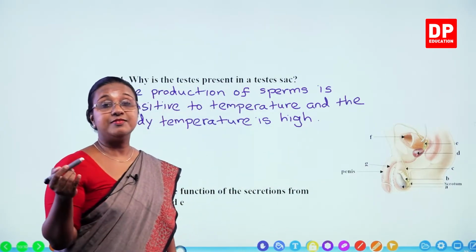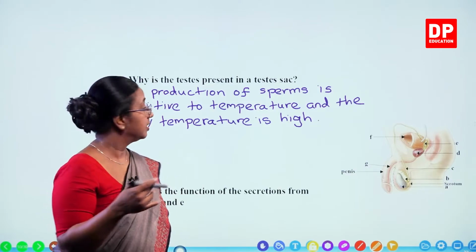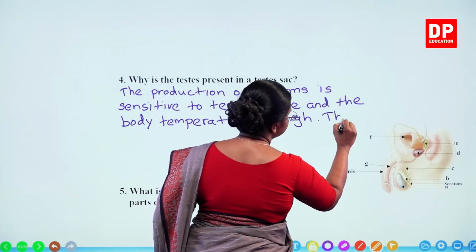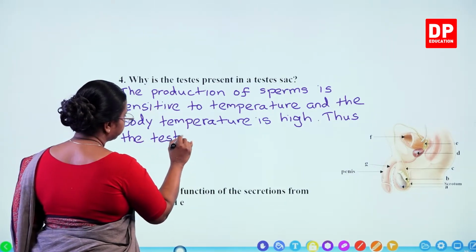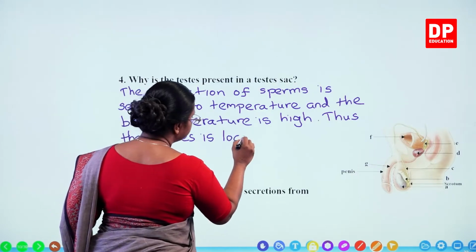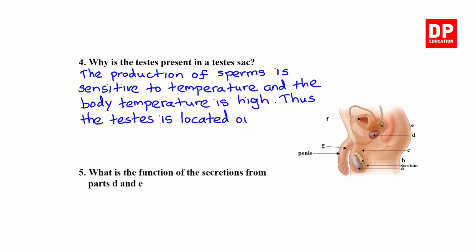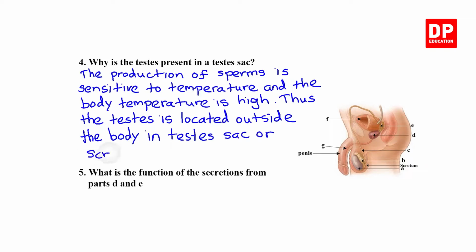Although it's 37 degrees Celsius, that is a high temperature. Therefore, or we can say thus, the testis is located outside the body in testis sac or scrotum. Another name again. So that is the reason.